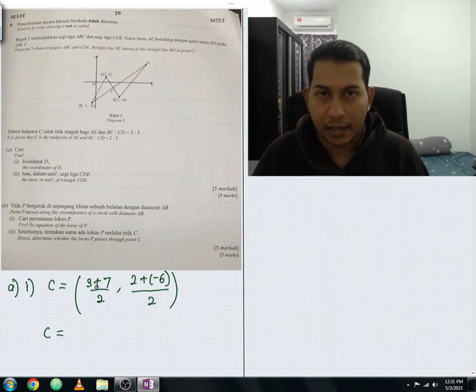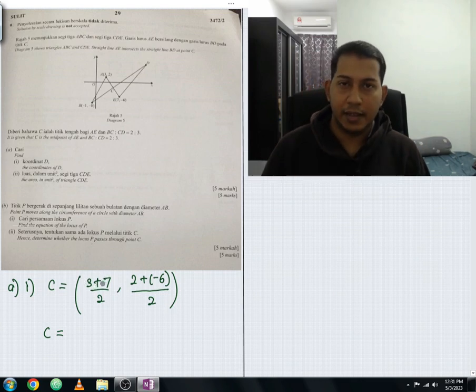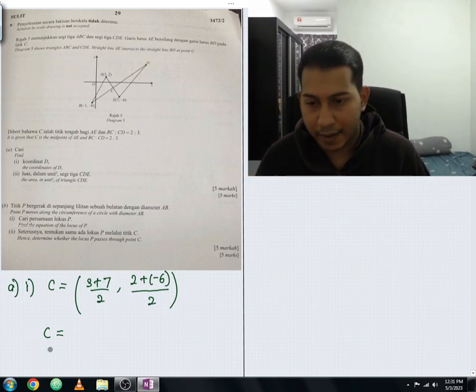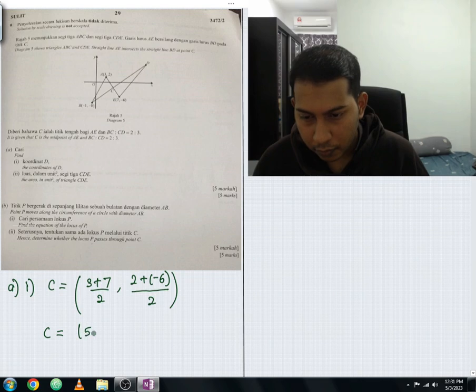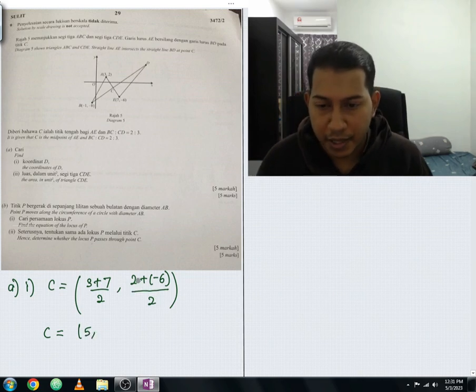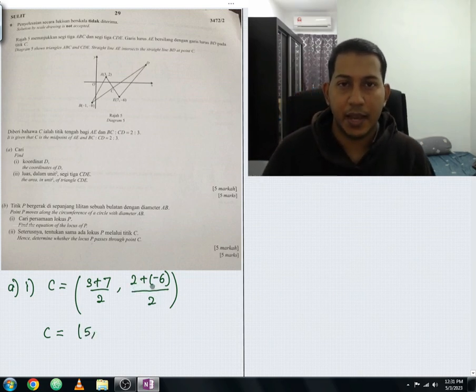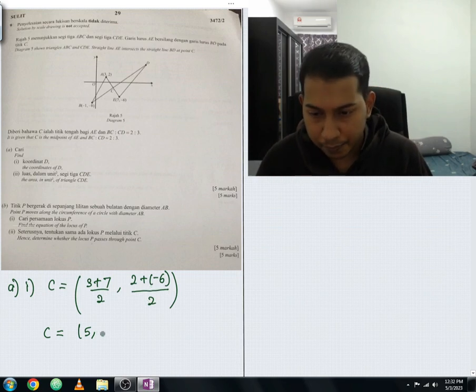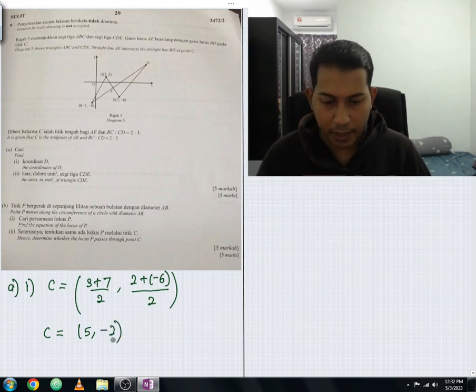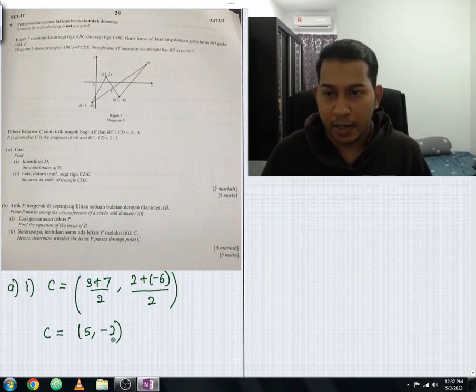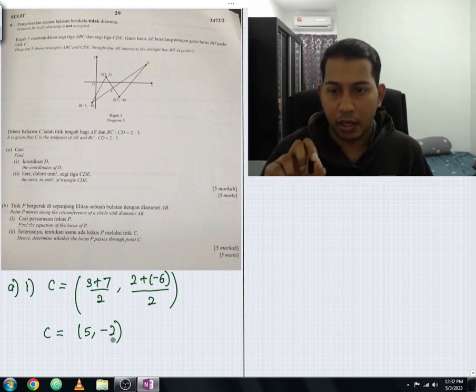So let us start with the x coordinate. 3 plus 7 you get 10. 10 divided by 2 you get 5. Then continue with the y coordinate. 2 plus -6 you get -4. -4 divided by 2 you get -2. So this is our step number 1, identifying the coordinate C.